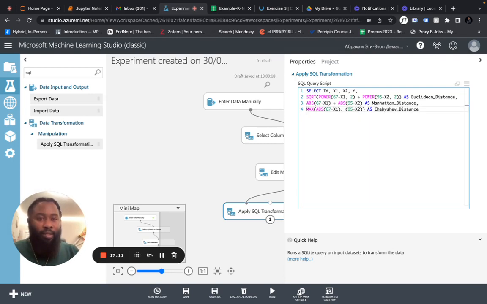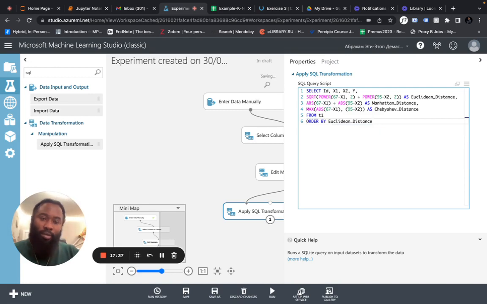We're getting this right. So looking good from T1. T1 is the default name of the table in our Azure. Okay, so we're getting this from T1, and let's order by Euclidean distance so that we can see and set the limit.